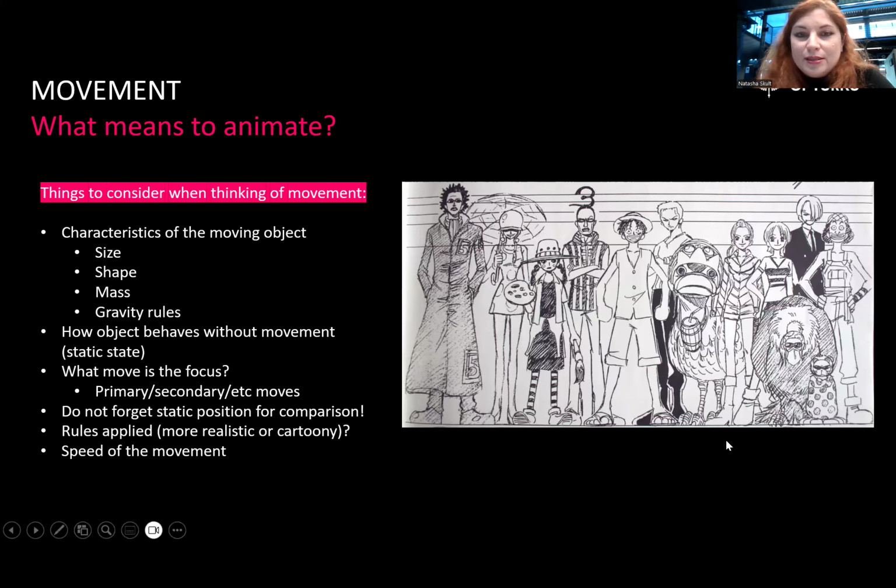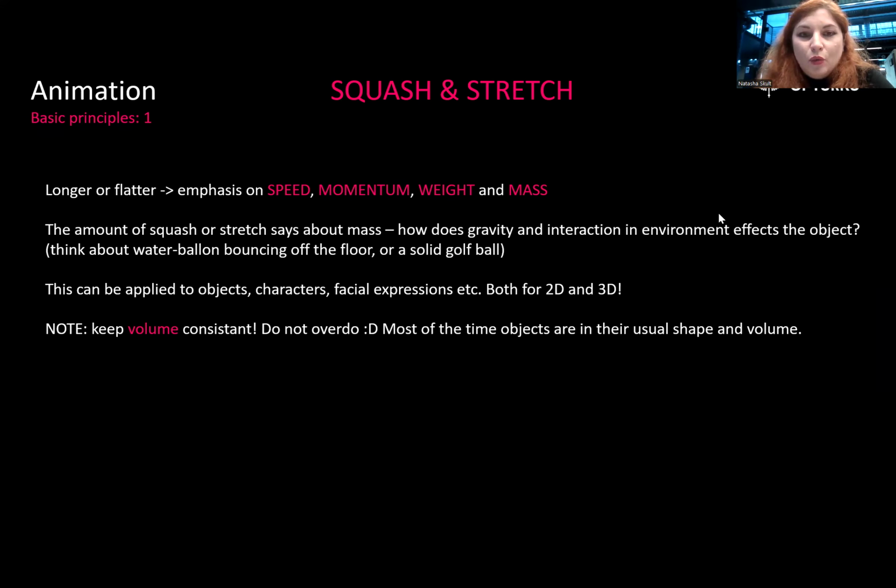Let's go to principle number 1. So the basic principles, I said there will be 12. The first one, and by the way, all these principles usually work together, obviously, but this separation of certain principles will allow you to really focus on different features of the objects, depending on what you're animating, and how these objects are correlating with each other when it comes to action, reaction, and their quality, and all the other shapes and everything else that can be.